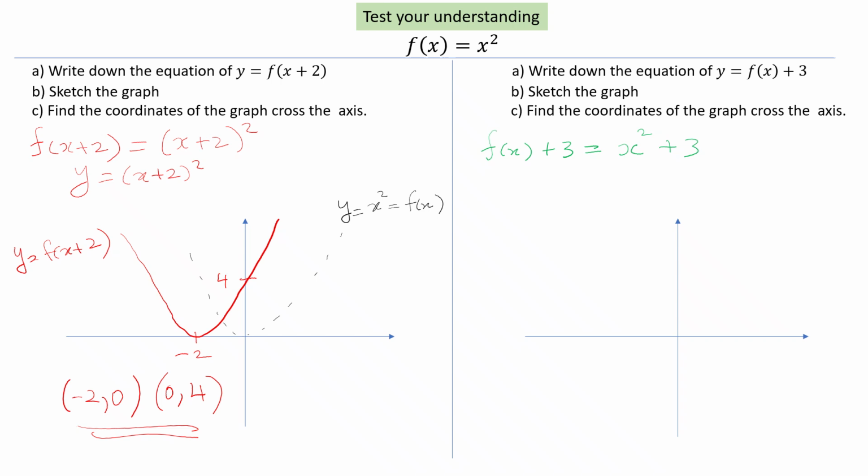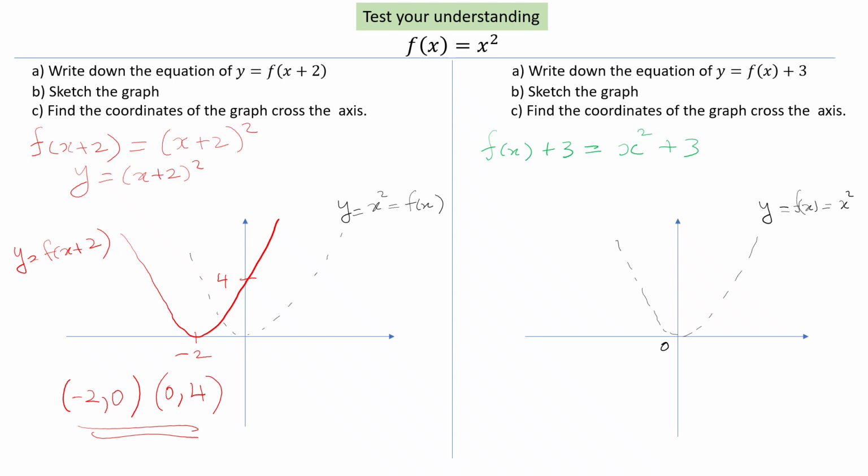So the original graph is here, 0. This is y equals f(x). This is the original graph. Now we need to draw f(x) plus 3.